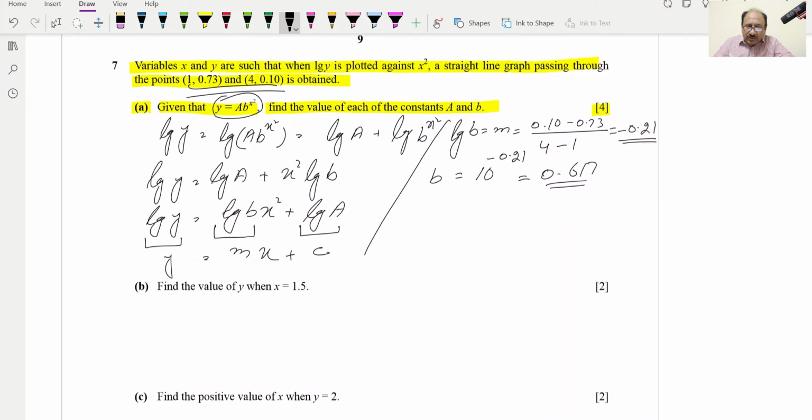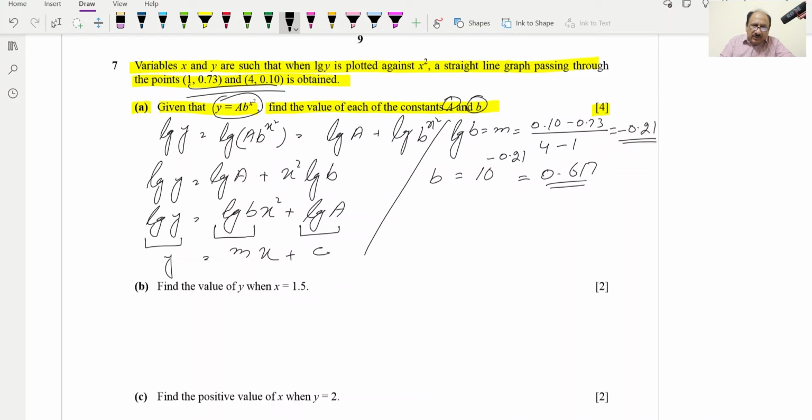Now we are targeting the a value. The b value we found, and now we need to find the a value. We can replace the values in the equation.